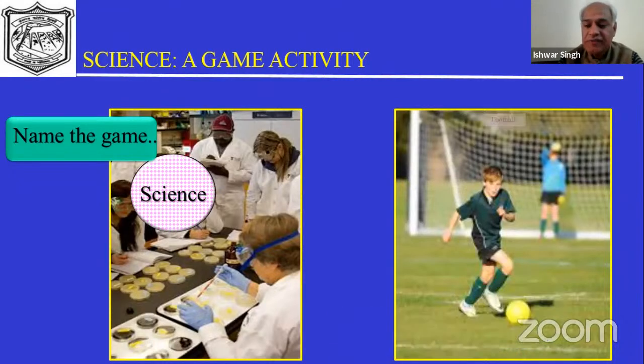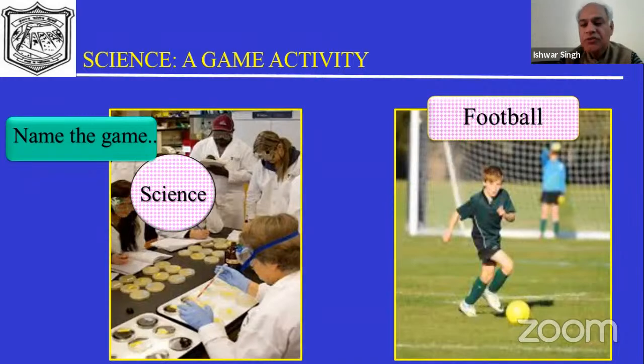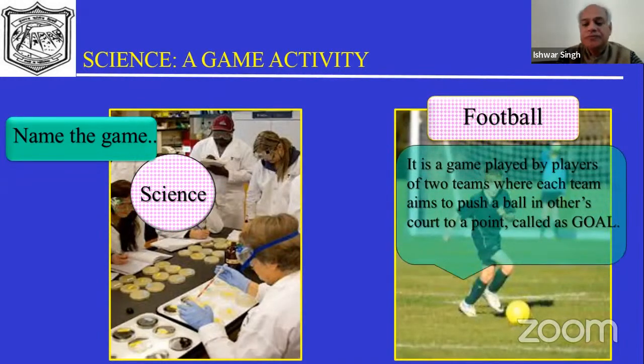For example, in the case of football, what do we do in this game? The players of the two teams play the game with the aim or object to push a ball into the other's court.